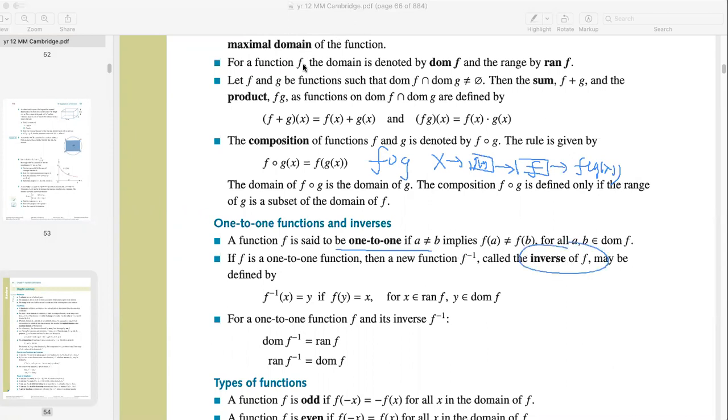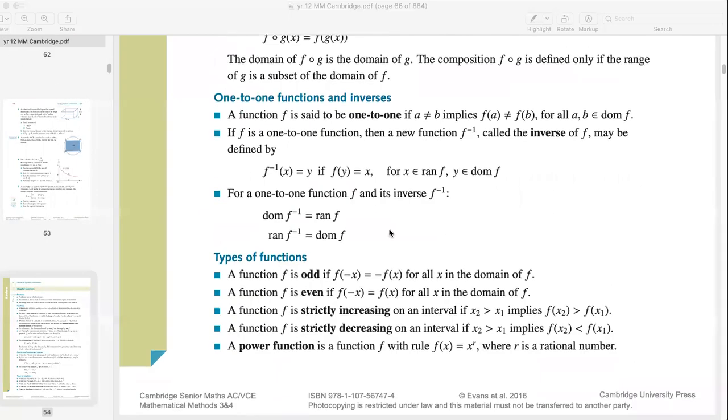Okay, the next part is odd and even, which we covered a long time ago, and also strictly increasing and strictly decreasing. This part only happens once in the final exam, to show that a function is strictly increasing or strictly decreasing.